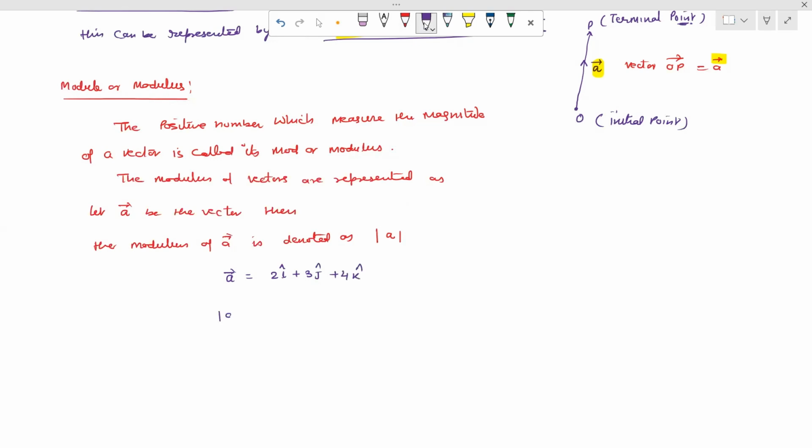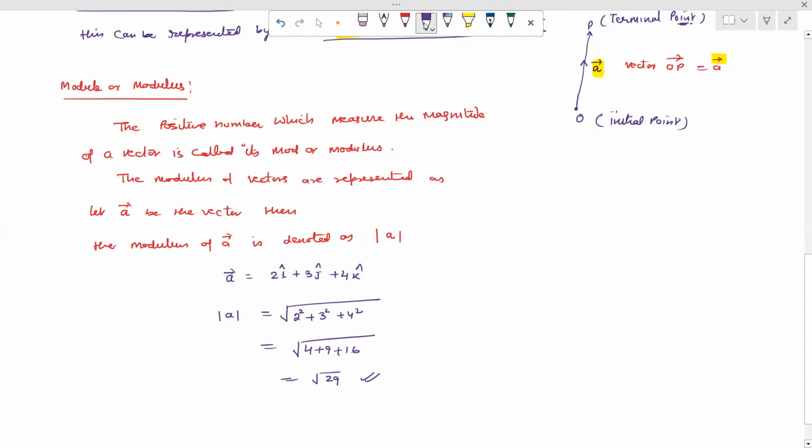So when we calculate the modulus of vector A, mod A, this gives us square root of 2 square plus 3 square plus 4 square. So we can write this as 4 plus 9 plus 16. So this will be 29.